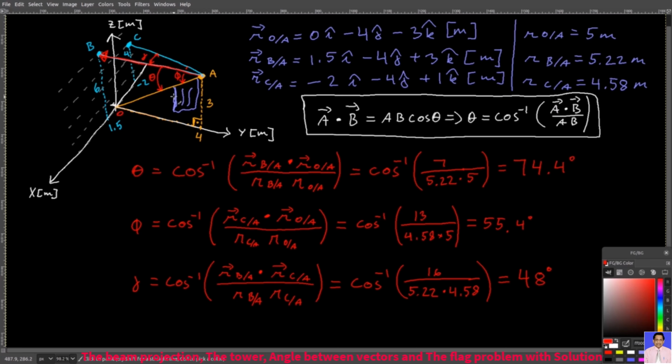Then, in order to calculate theta, you consider these two vectors for your dot product, and then to calculate phi, you consider these two vectors for your dot product. And so, as you can see, the dot product can be pretty useful when you work in 3D. Thank you very much.